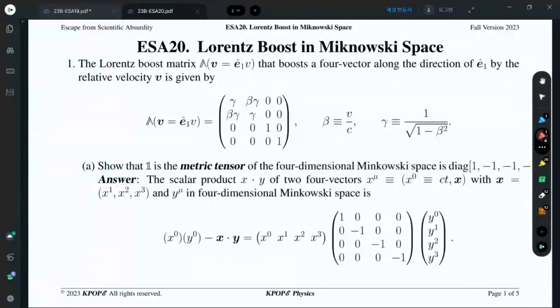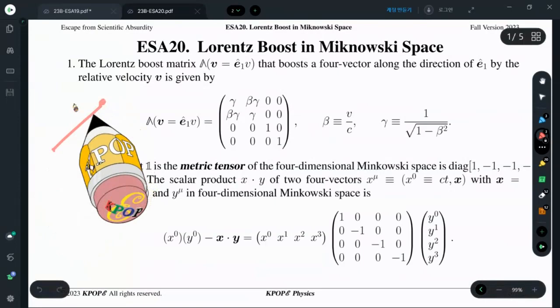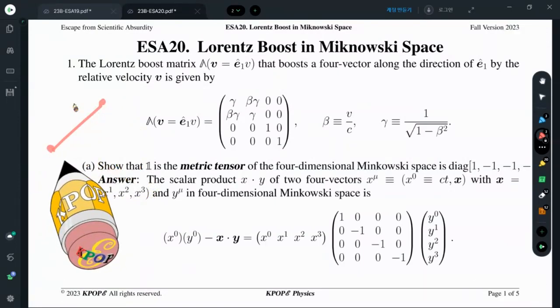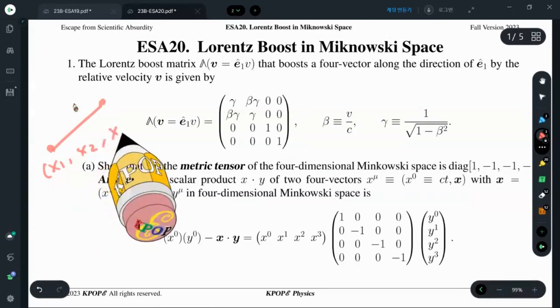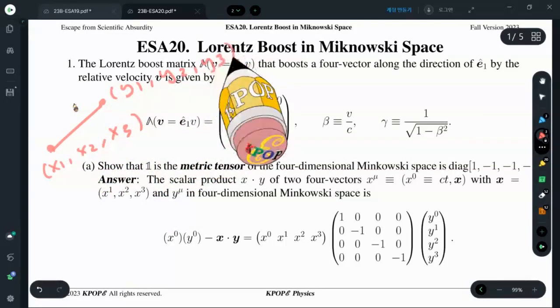Next, we consider Lorentz boost in Minkowski space. Unlike the Euclidean space whose length is defined according to Pythagoras' theorem, we have point x1, x2, x3, y1, y2, y3.